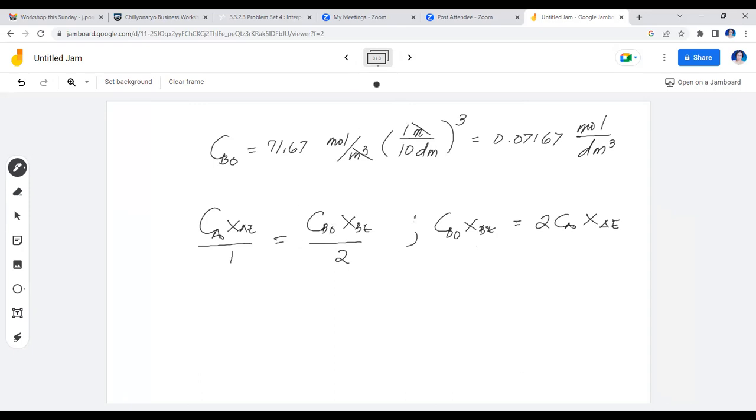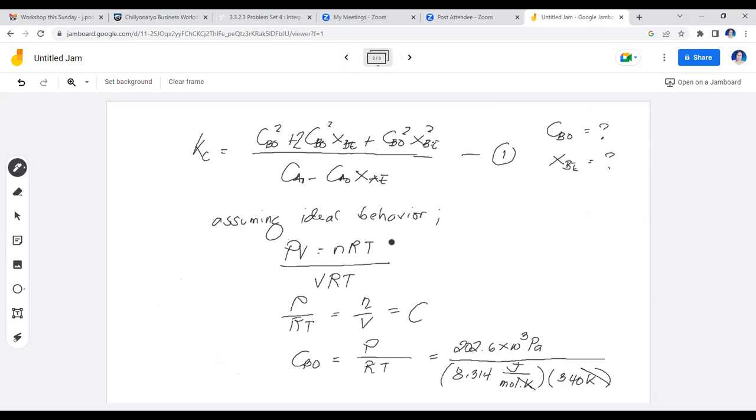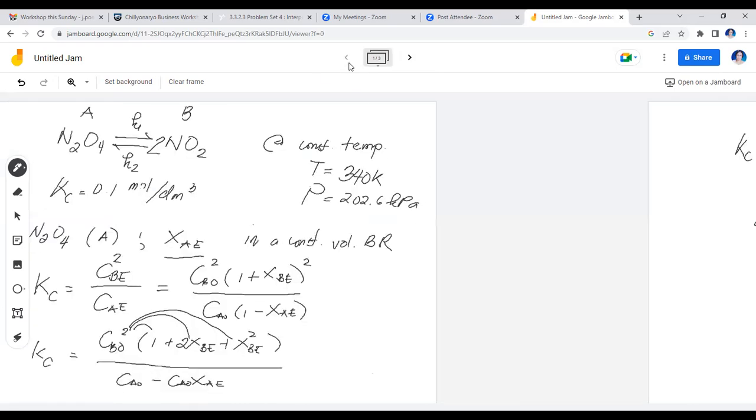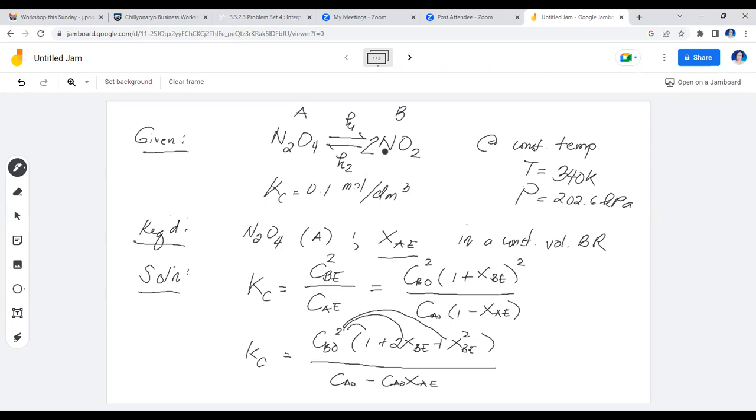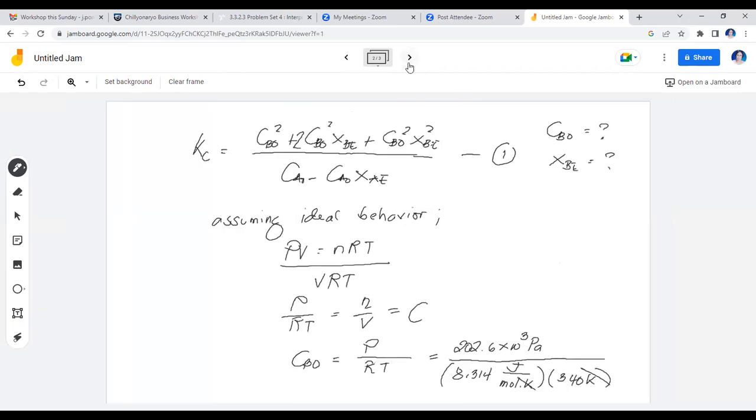Okay. And by the way, class, I'm sorry. The problem that Bobby said a while ago regarding initial concentration of B in here, remember that our B is the product. And we're starting with pure dinitrogen tetraoxide at the start. So instead of solving for CBO, which we cannot because we're starting with A, what we have solved in here is actually A, not B. Okay, because we have changed the identities of our species as A and B. So this is CaO, correct that one.